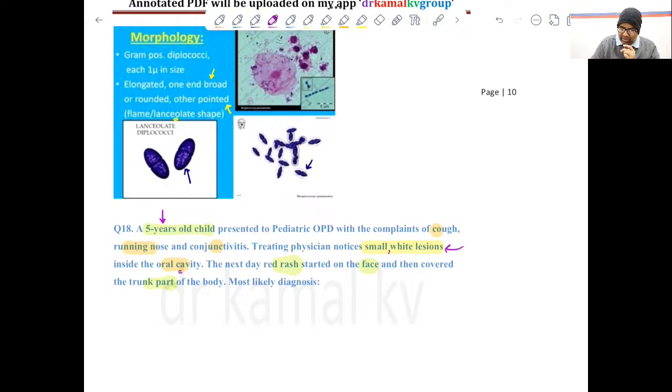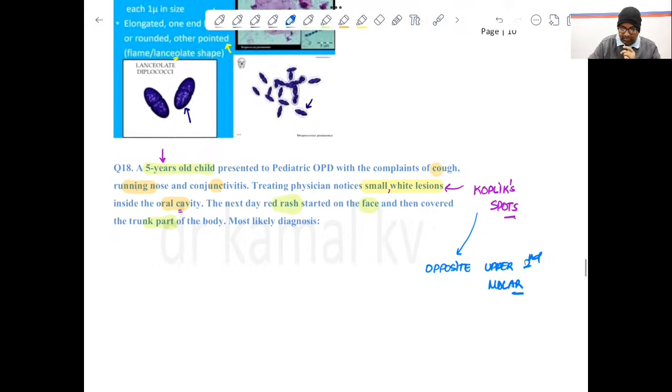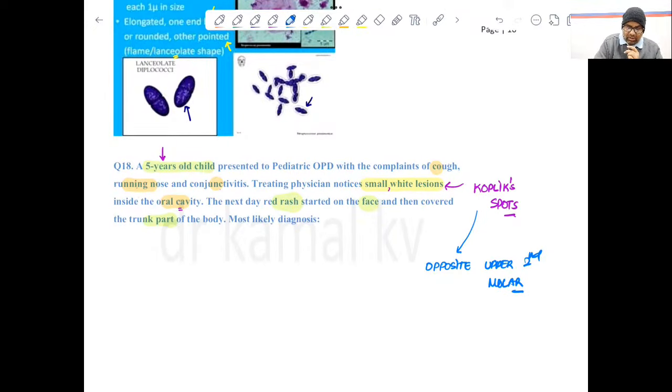Very good Rizwan, very good. So this is nothing except a classical description of Koplik's spots. So the moment you have any description related to Koplik spots, which are actually in the oral cavity opposite upper second molar, which is actually the site of opening of Stensen's duct as well, straight away you will go on to the diagnosis as measles.